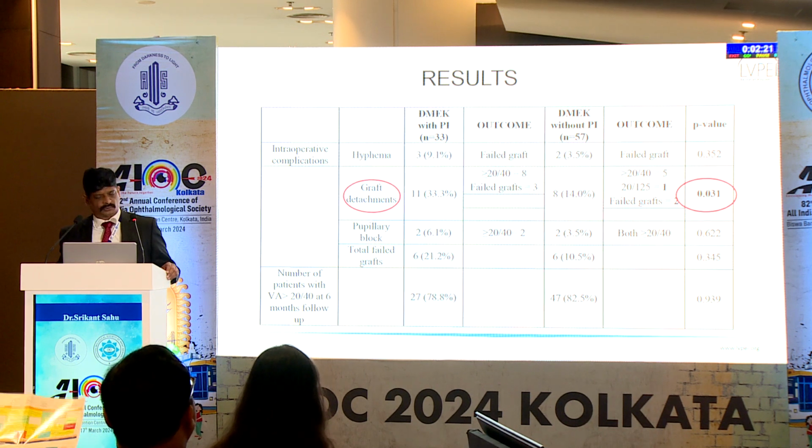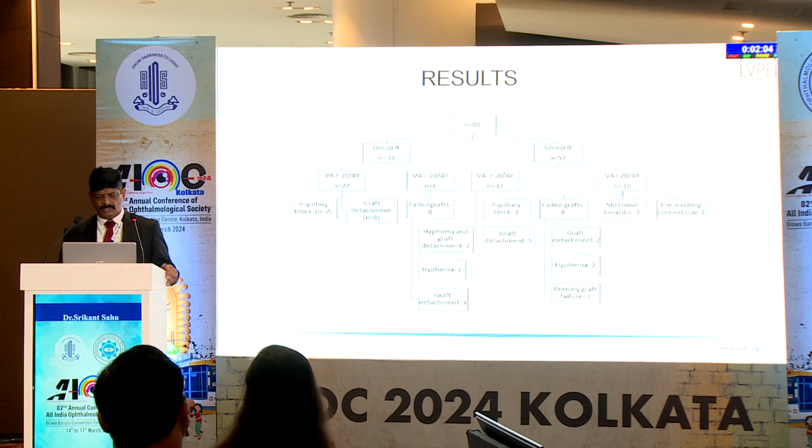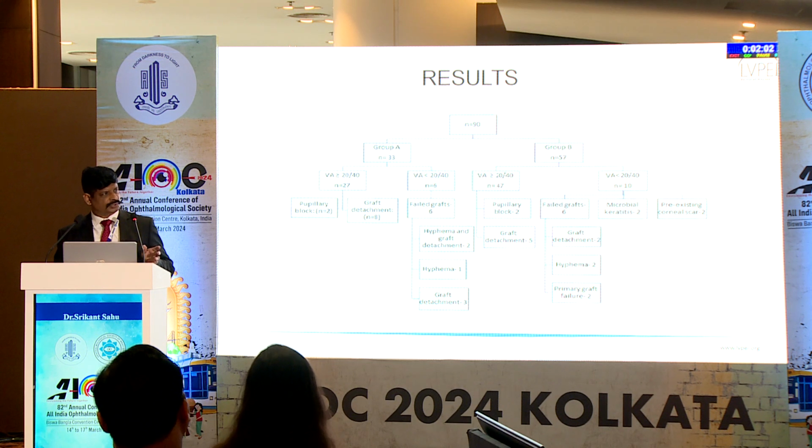What was surprising to us was that graft detachment was much less without PI, and it was statistically significant. The visual acuities better than 20/40 were similar in both the groups, a little higher in the without PI group.